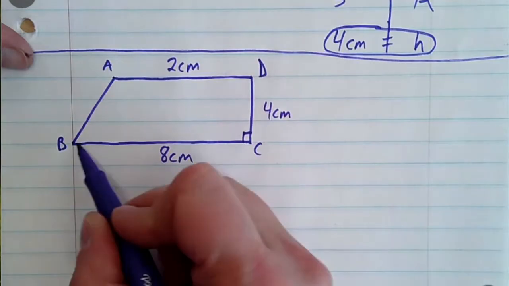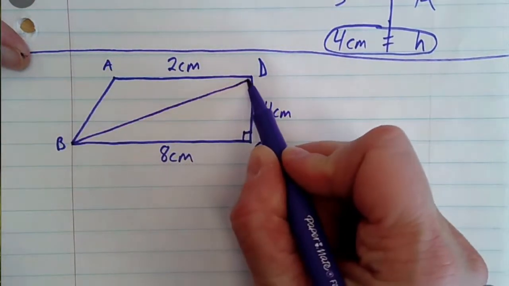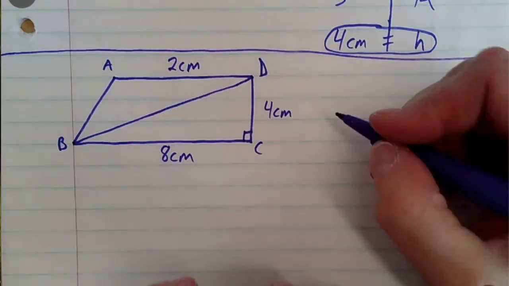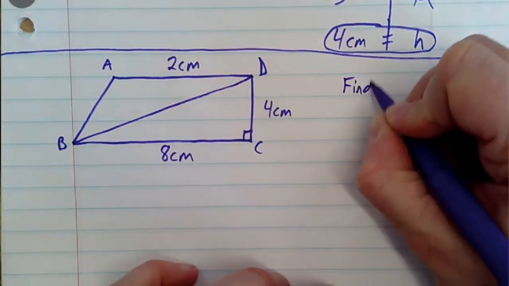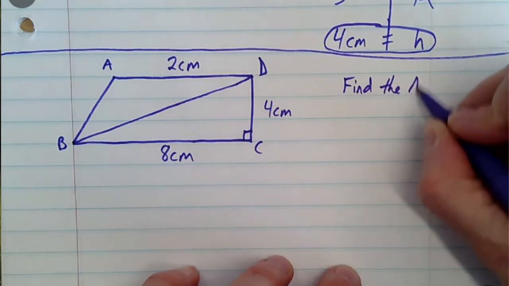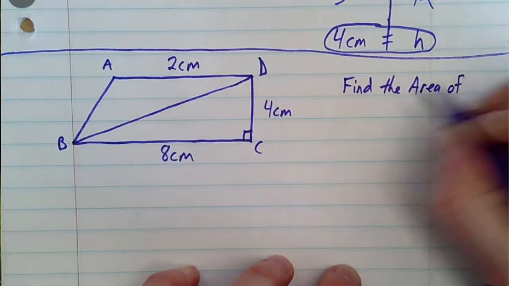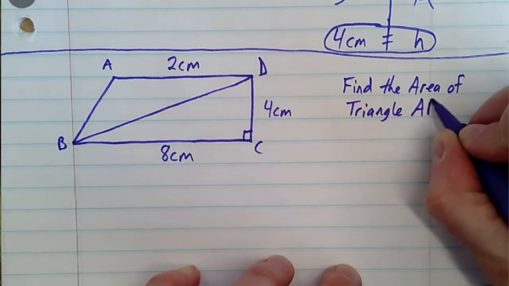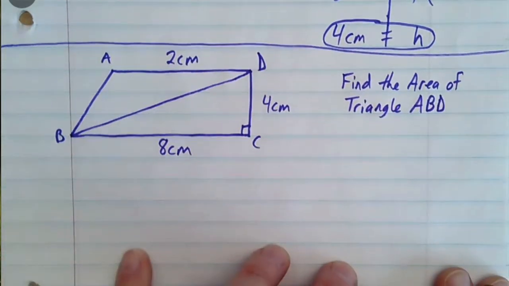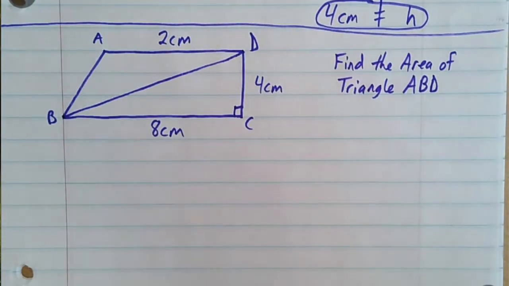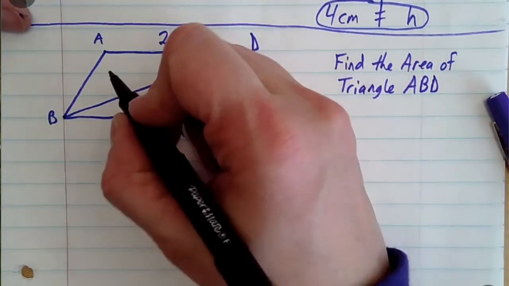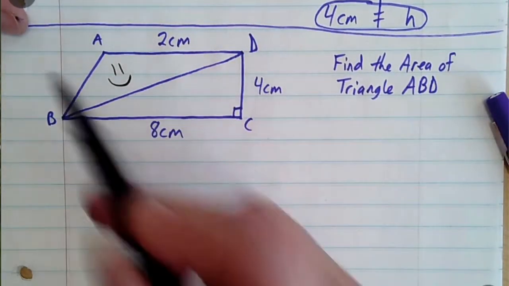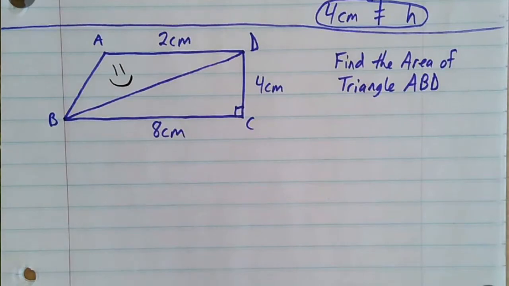They give us a diagonal between the B and D. And so now they're saying, can you find the area of triangle ABD? And so you're looking for the triangle of ABD. ABD. They want the area of this one over here. ABD, this triangle here. So it's like, how do I do that? What do I do to find the area of the triangle?